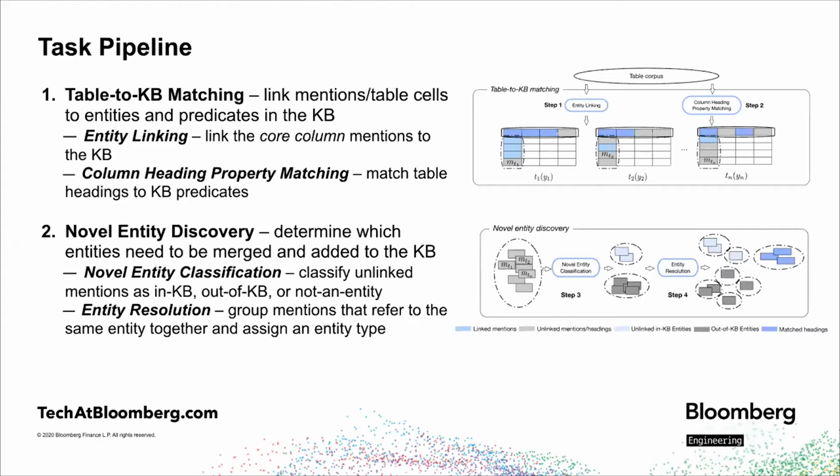And not entity is a minor case, where in practice we filter these out by rules. In the last step, entity resolution, it groups mentions that refer to the same entity together and assigns an entity type. What does it mean? Because one entity might have different aliases, we group all the aliases that refer to the same entity together, and we additionally provide an entity type in order to do the disambiguation.